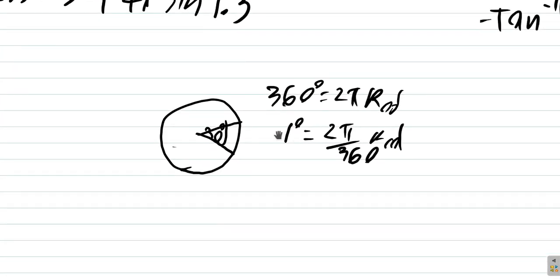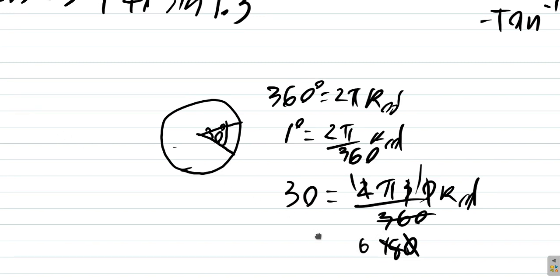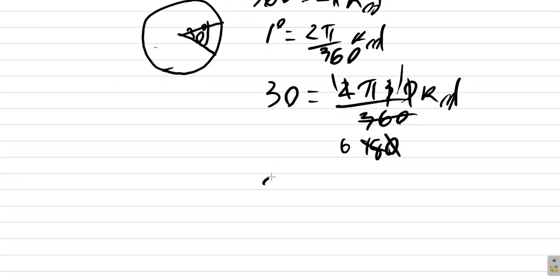Then 30 degrees is equal to 2 pi times 30 over 360 radians. Cancel down, 2 into 2, 1, 2 into 360, 180. Cancel the zeros, 3 into 3, 1, 3 into 18, 6. So it's pi over 6. So 30 degrees is equal to pi over 6 radians.